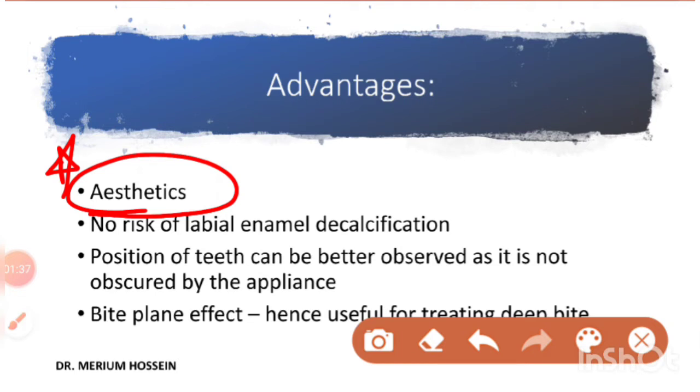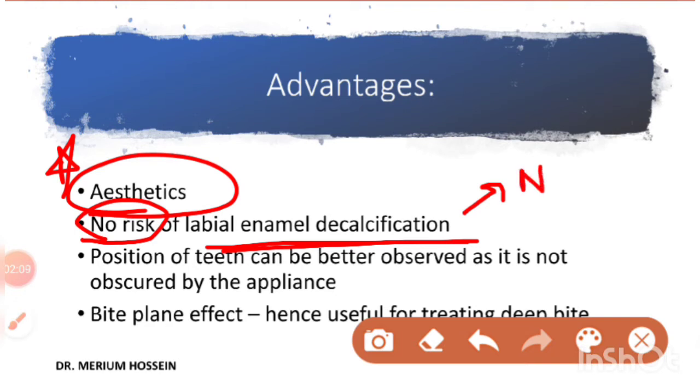Second advantage is that there is no risk of labial enamel decalcification. Now everything, as I mentioned before, is bonded onto the lingual surface. So we need to do all the procedures, for example all the etchings, the bondings, the curings, onto the lingual surface. We are not going to etch the labial surface, so there is going to be no decalcification or demineralization as a result of etching.